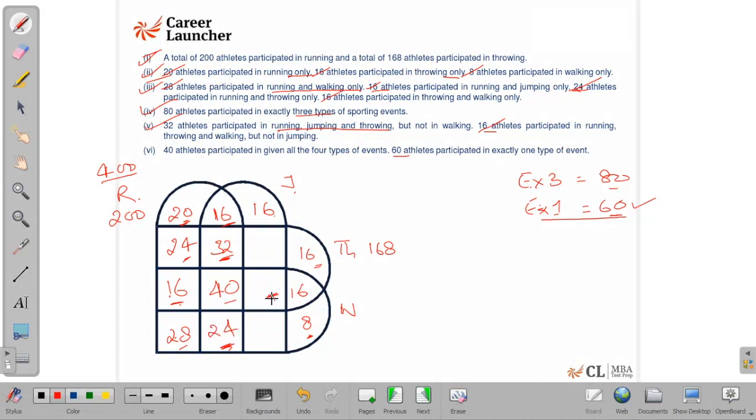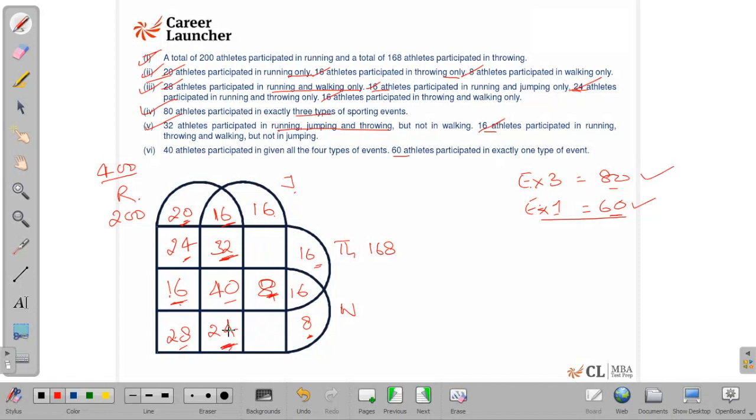If this is 24, we can find out this one also, because the exactly 3 have to add up to 80. What is this? 32 plus 16, 48. 48 plus 24, 72. That means this should be equal to 8 because exactly 3 has to be 80. So we have used this also.